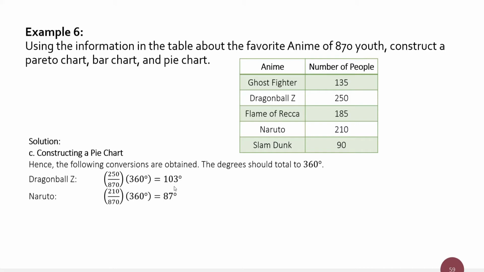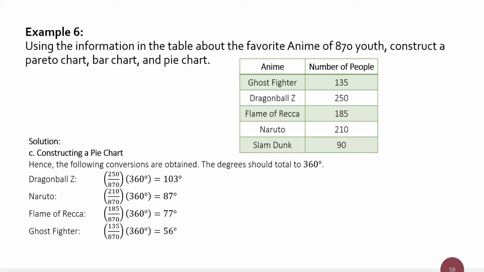And then for the Naruto, meron tayong frequency na 210 divided by 870 times 360 degrees is 87 degrees. So for Flame of Recca, meron tayong 185 na frequency divided by 870 times 360 degrees. So ang sagot natin is 77 degrees.